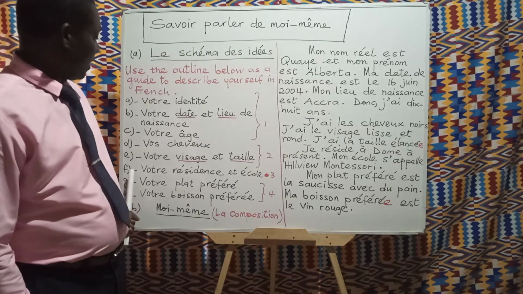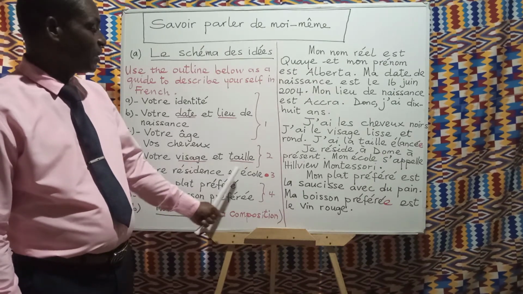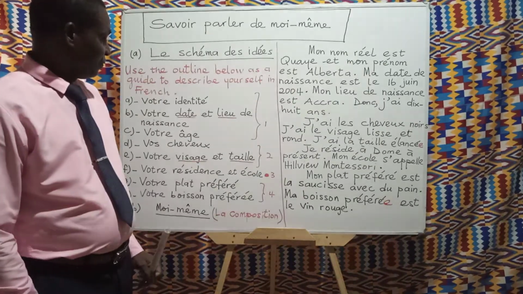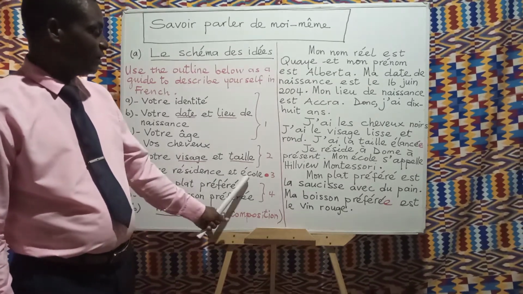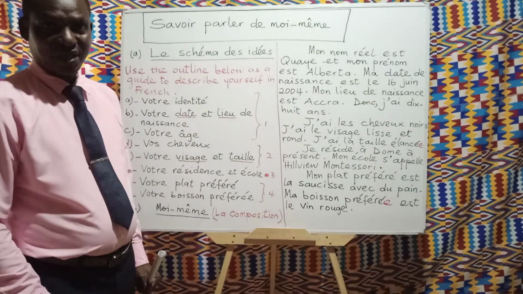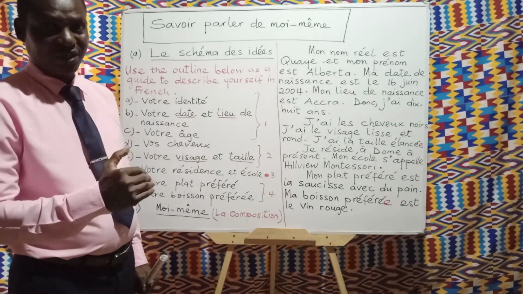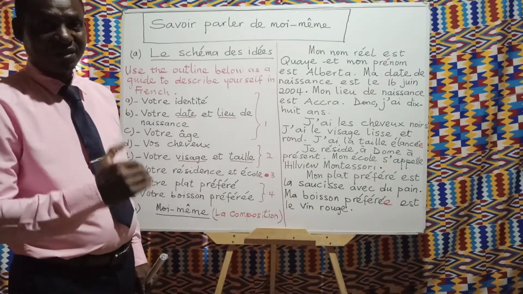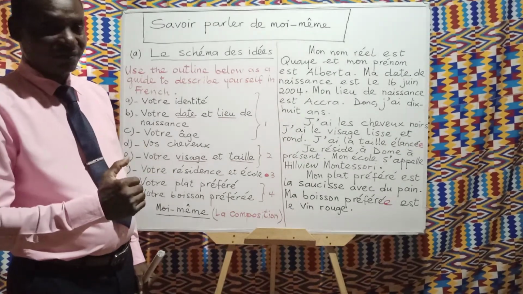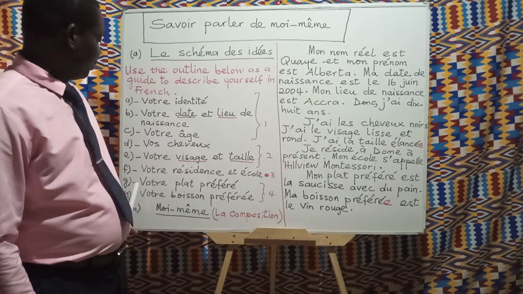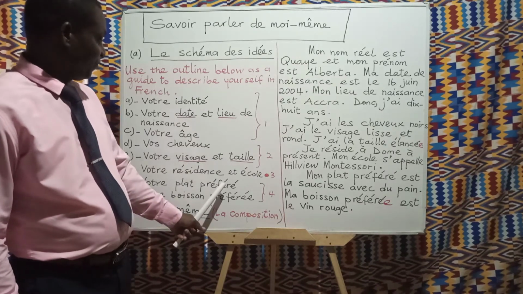When we come to the F, we have votre résidence et école. Here too, we have two things. We have your residence and then your school. Okay, so you have to talk about where you stay in a complete sentence, and then your school, you name it in another complete sentence. Then, when we come to the G, we have votre plat préféré.